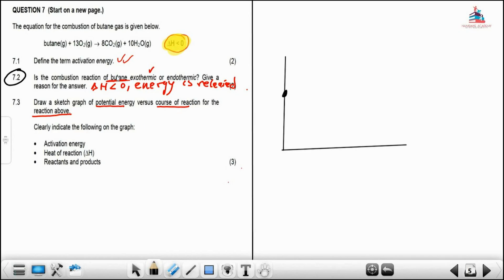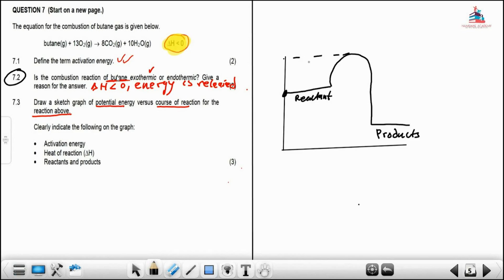Hence, I said with everything that we do, once we are in a position of securing the fact that the reaction is exothermic or endothermic, then we will know I am going to draw this type of graph. This will be my reactants. This will be my products. And what else do they want? The activation energy.